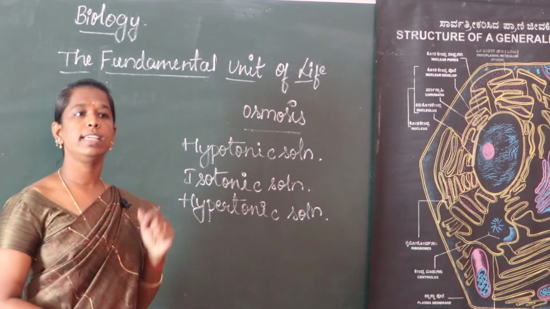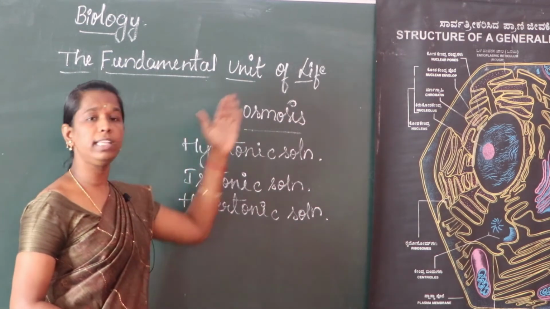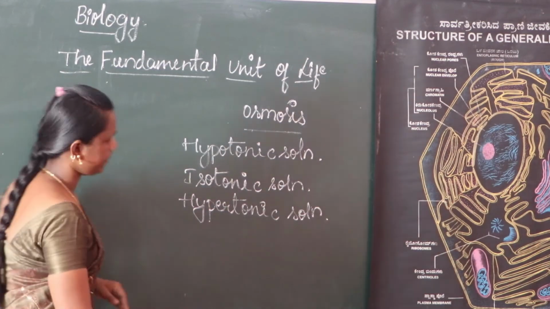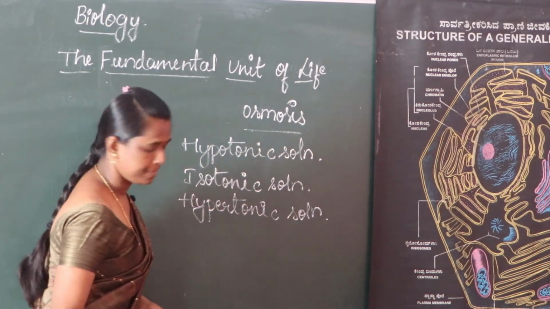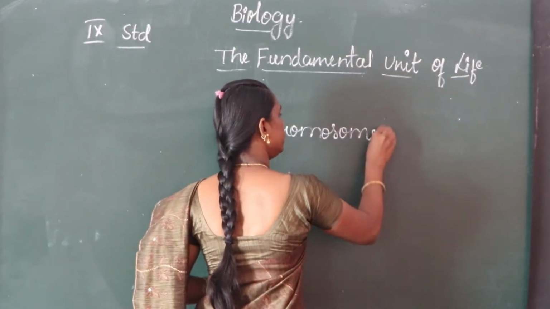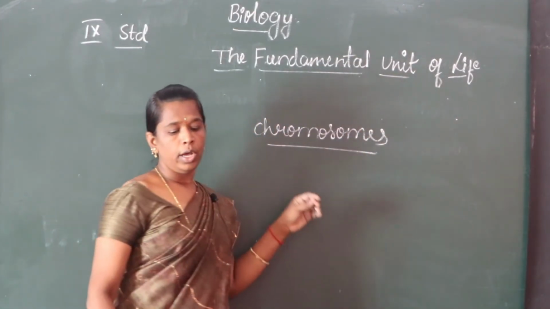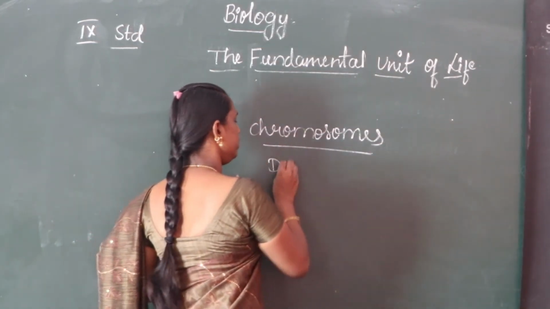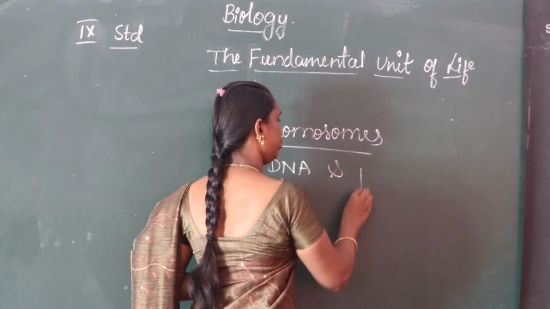So the inheritance characters transferred in the nucleus are carried by chromosomes. Chromosomes are composed of DNA and protein molecules.